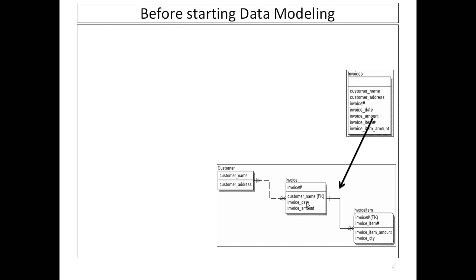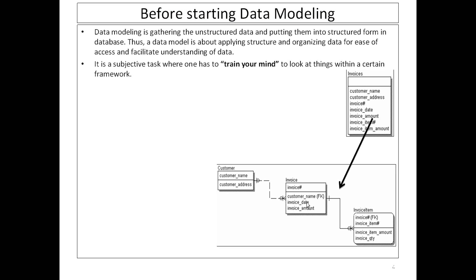So before starting data modeling, let's see what is the definition of a data model. What do we mean by a data modeling process? Data modeling is, we have a lot of information within an organization which is conducting its business.